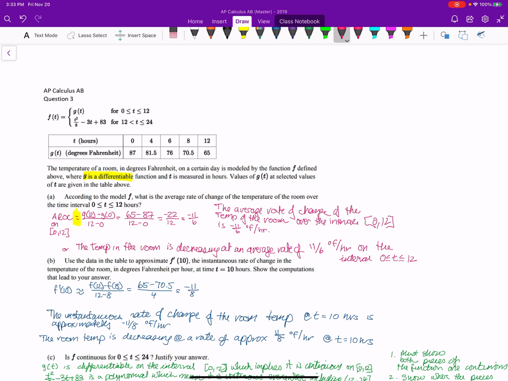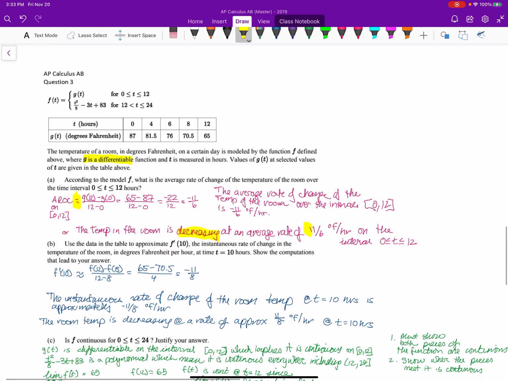Or in better context, the room temperature is decreasing at an average rate of 11/6. But if I use the word decreasing, it already takes care of the negative, so you should not be writing a negative in front, on the interval from t between 0 and 12 inclusive.